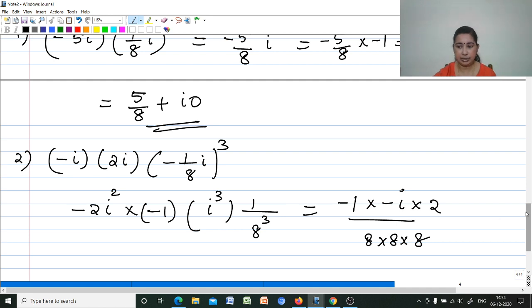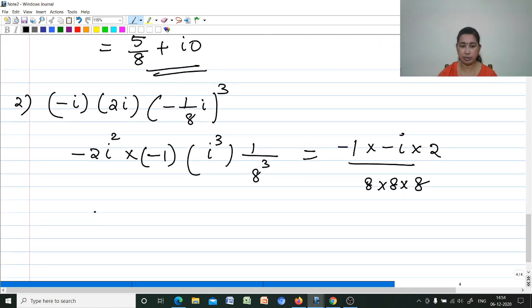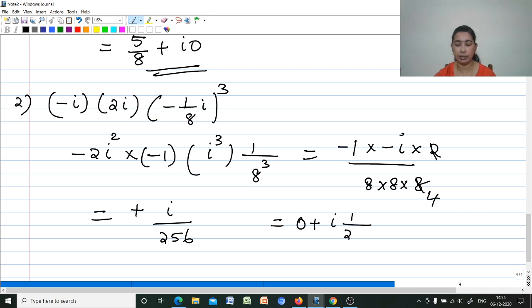So that can be simplified, so it becomes positive because both negative terms get cancelled. So 1 2 can be cancelled here 4 times, then plus i divided by 8 into 8 is 64, 64 into 4 is 256. So we have to write in the complex number form, that is 0 plus i into 1 by 256.